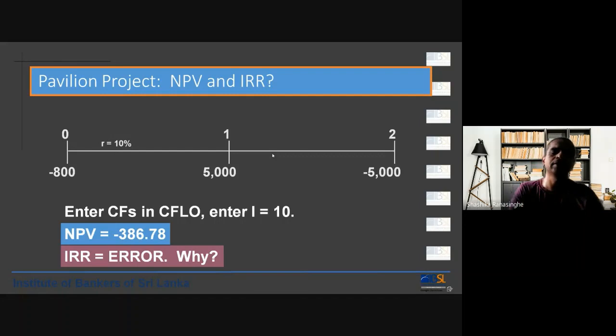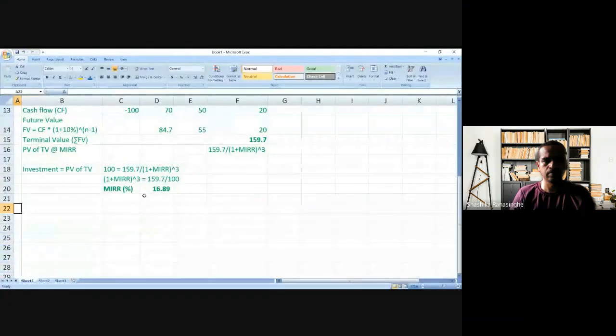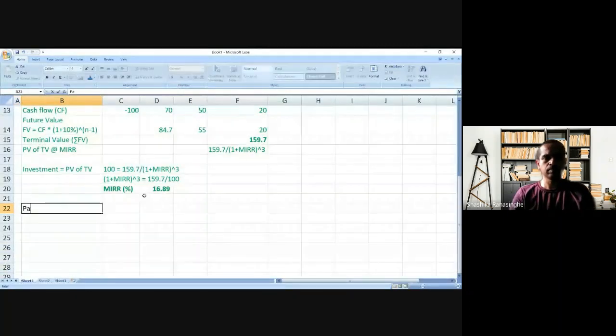Let's calculate MIRR for this project. It says Pavilion project.